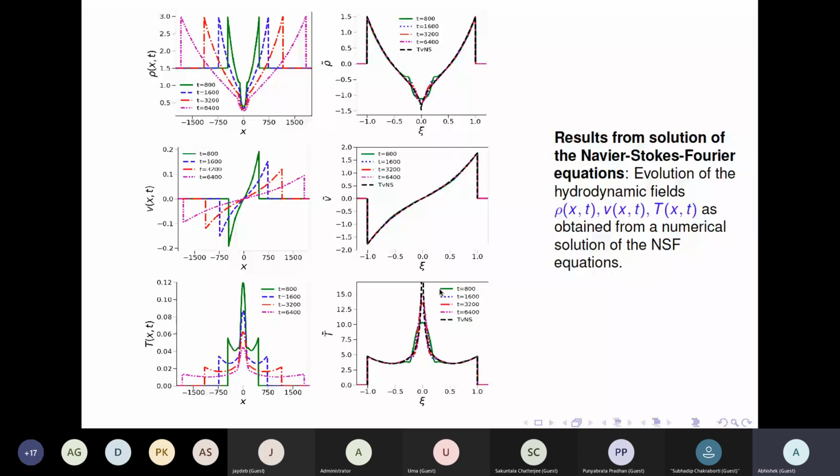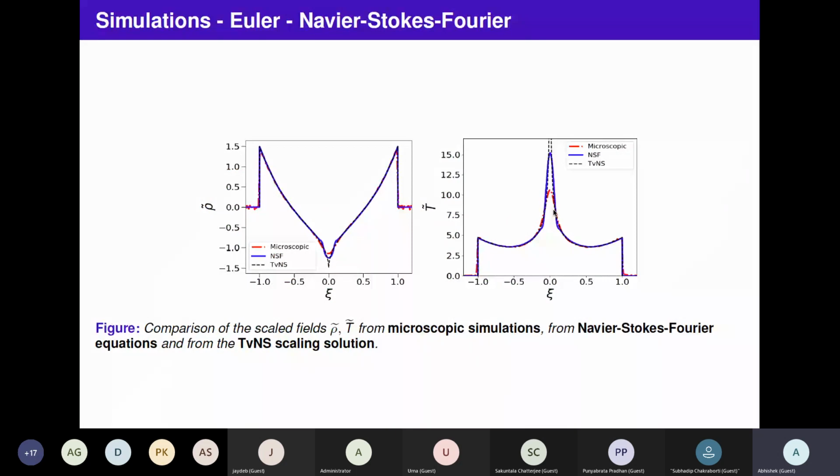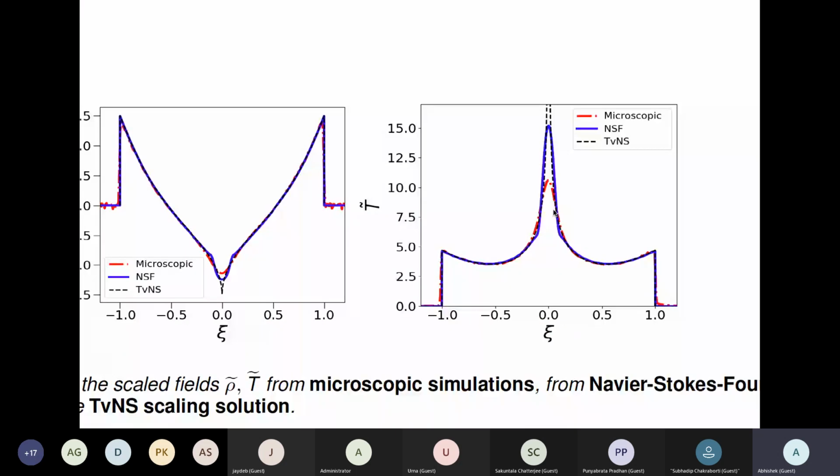Now we can do a direct comparison of Navier-Stokes with the microscopic simulation, and this is what I show here. Here you can see all three methods. Red curve is microscopic simulation, blue curve is Navier-Stokes, and the dashed line is Euler. You can see the Navier-Stokes is now doing better.